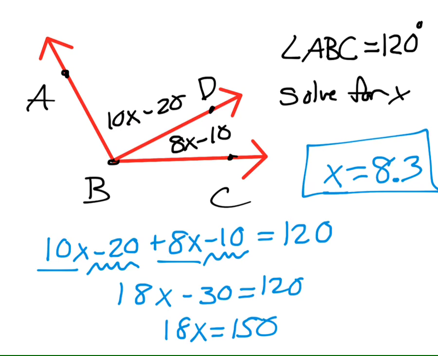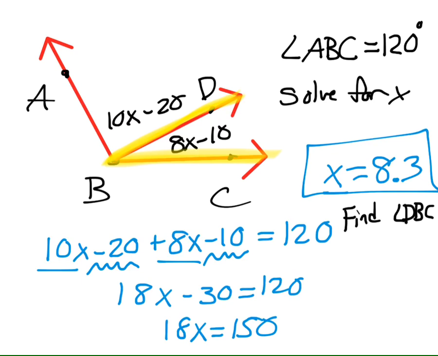What if then, knowing that information, I said, find angle DBC. How many degrees is angle DBC? So that angle DBC is that one right there, right? That angle. The problem tells me that is 8x minus 10.